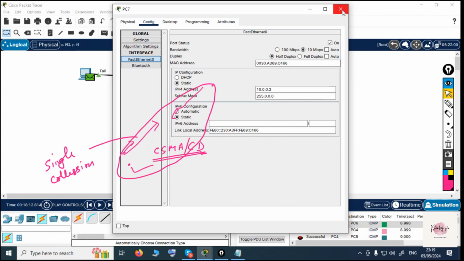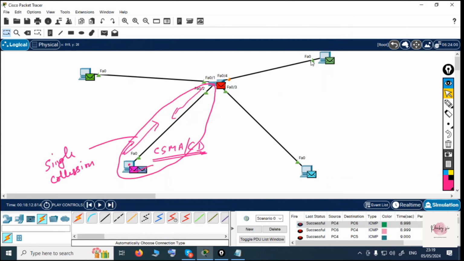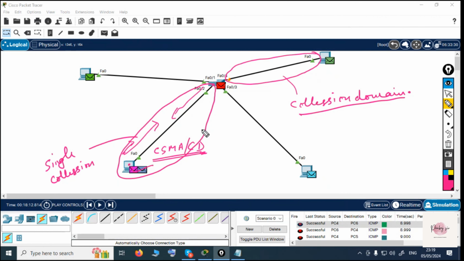Now this media will also become a collision domain. So one collision domain here, and one single collision domain here.